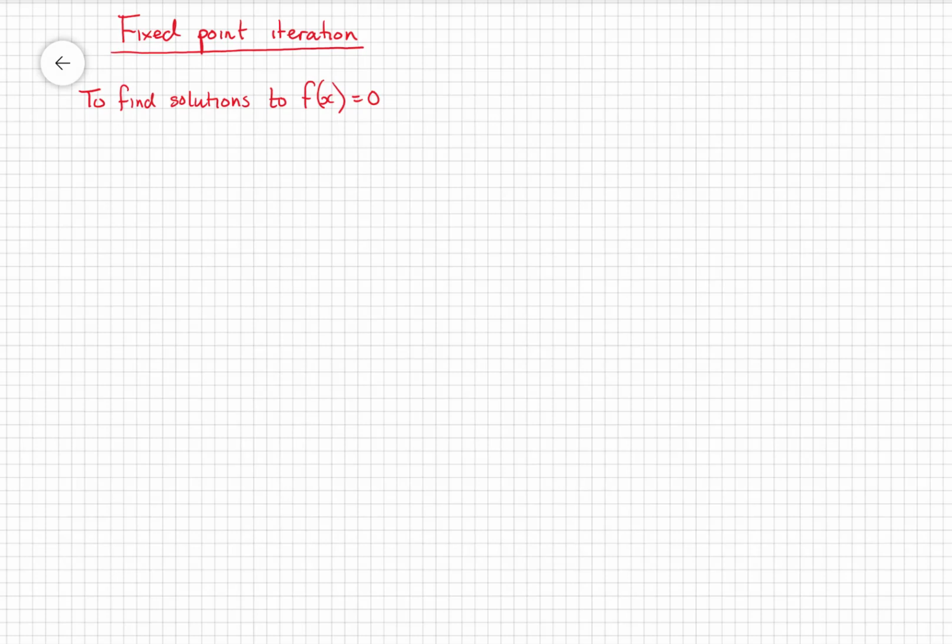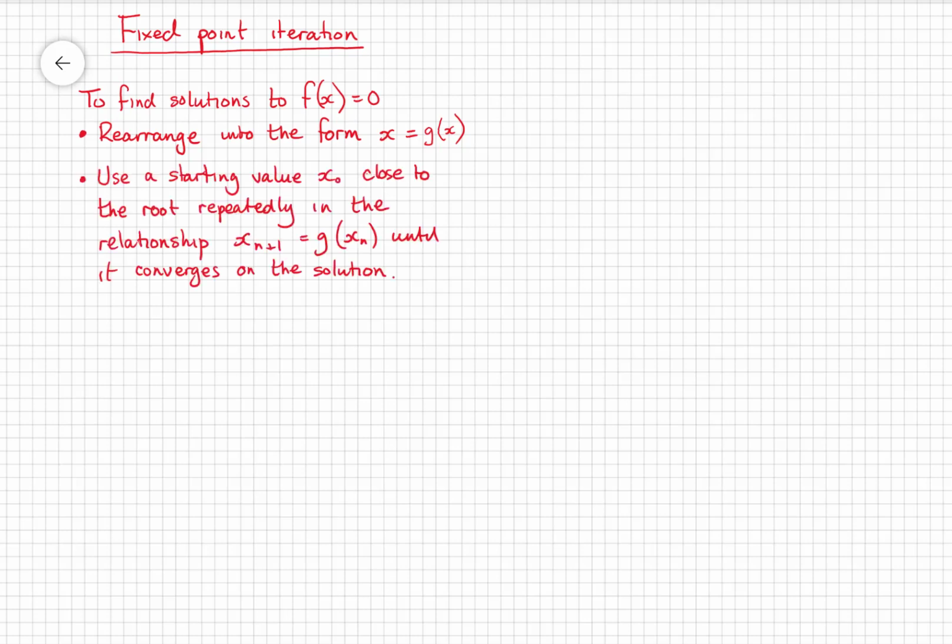So let's summarize the steps in the method and then see its application in an example. What we're trying to do is to find solutions to the equation f of x is equal to 0. And the first thing that we need to do is to rearrange that original function so that on one side we have just an x, and on the other side we have some other function, g of x. Once we have that, we're going to use a starting value, x0.